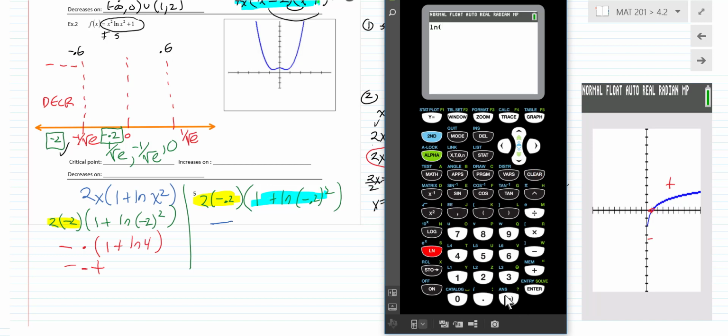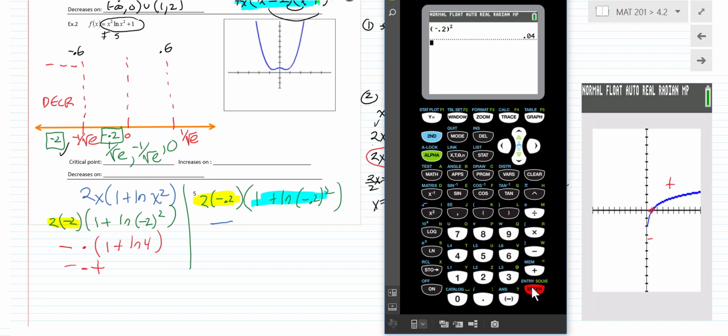So ln of parenthesis negative 0.2, and then parenthesis, then square it. What did I do wrong there? You can just put 0.04, because you have to actually square that. Oh, you're right. Yeah, you're right. So I need to go negative 0.2 like that and get that squared.